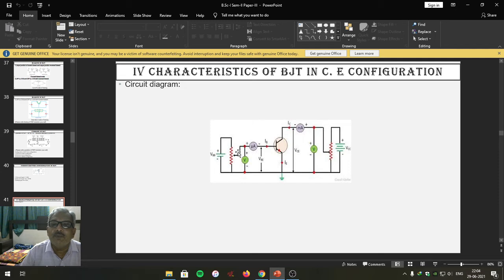This P region is connected to the positive terminal of the battery, via a rheostat, whereas the negative terminal is connected to the emitter, which is of N type.